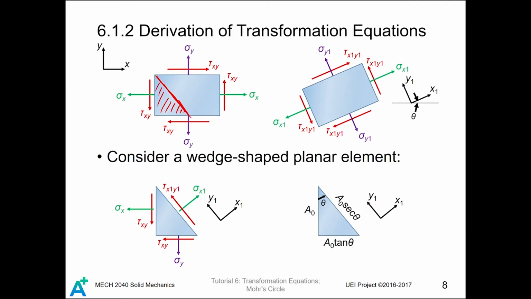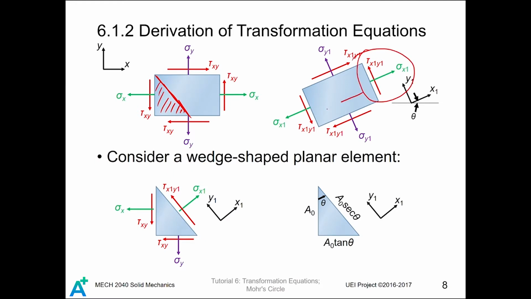So if we take this piece of stress element, then on the two orthogonal sides, there will be sigma x and sigma y, as well as tau xy, while on the inclined plane, we will have tau x1 y1 and sigma x1. So it is quite similar to this one.